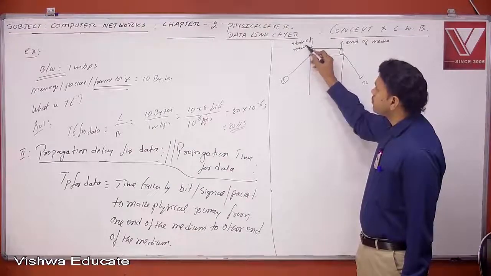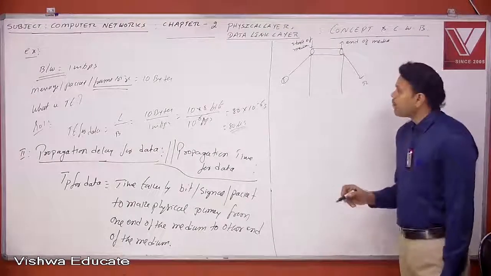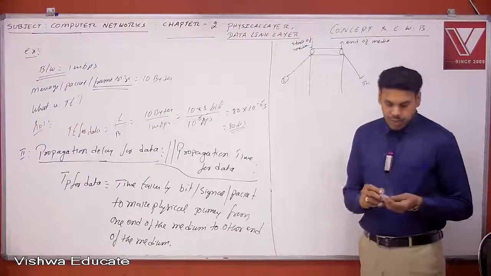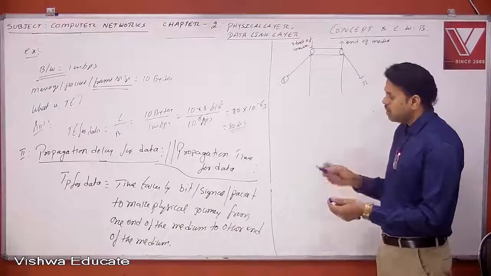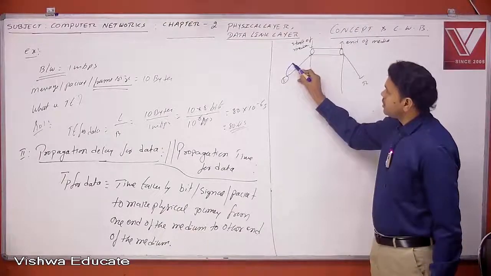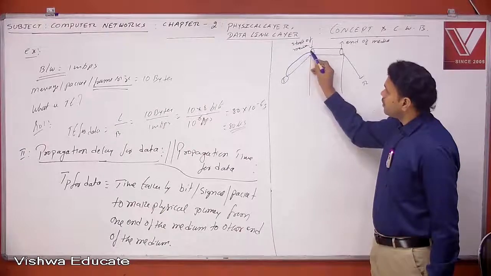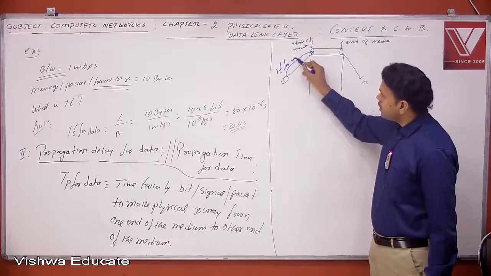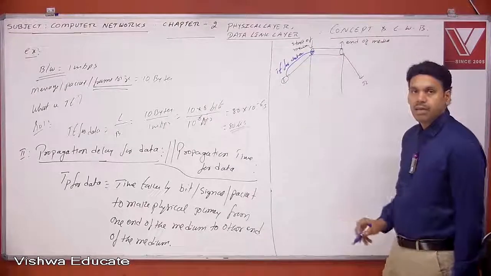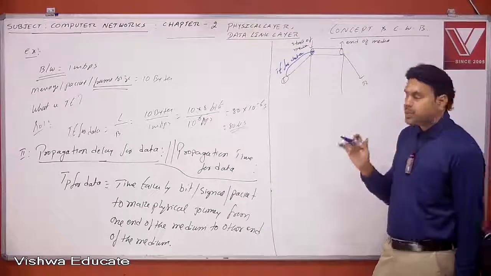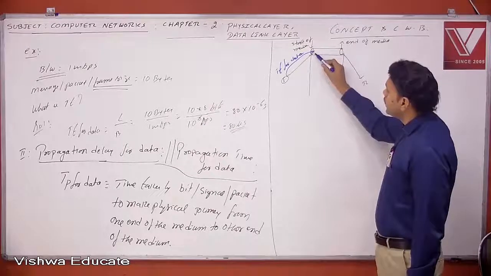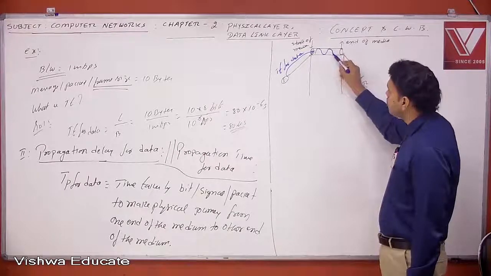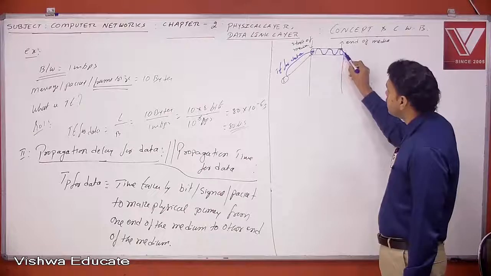Okay. Now, please recollect the previous knowledge. What is the first delay? Time taken by a sender to push the data into media is what? TT for data. Once you send the data to media, then what will happen? It takes that data and makes a physical journey from one end of the media to the other end of the media.